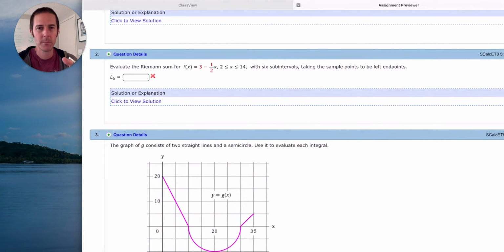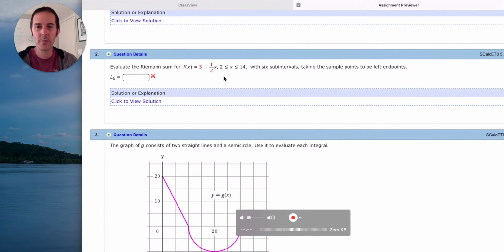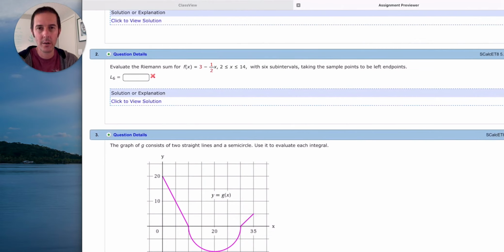X sub 0 is always your a value. The height of your next rectangle will be f of x sub 1. X sub 1 will be 2 units to the right of x sub 0, because delta x, the width of each rectangle, was 2.